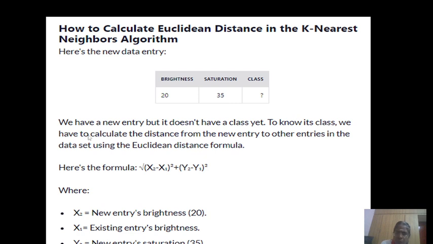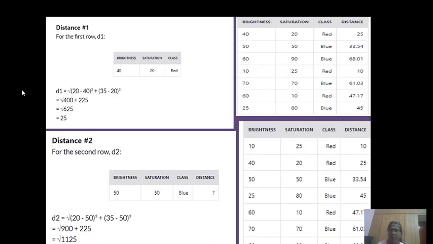We use the Euclidean formula: the square root of (x2 minus x1) whole square plus (y2 minus y1) whole square. As we have taken k equal to 5, we have to calculate the distances d1, d2, d3, d4 and d5.